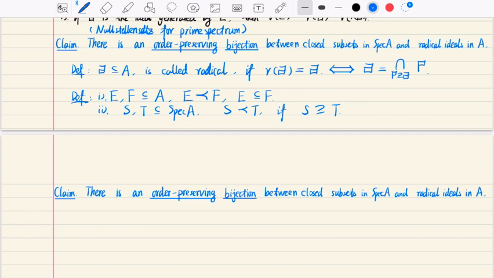To make it easier, we can restrict ourselves to E and F being radical ideals, and here we can also assume S and T are just two closed subsets, so we don't need to mind any other subsets.